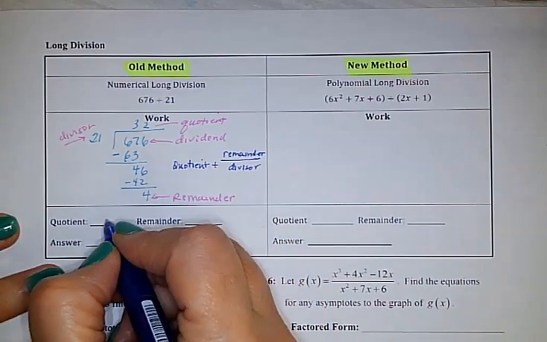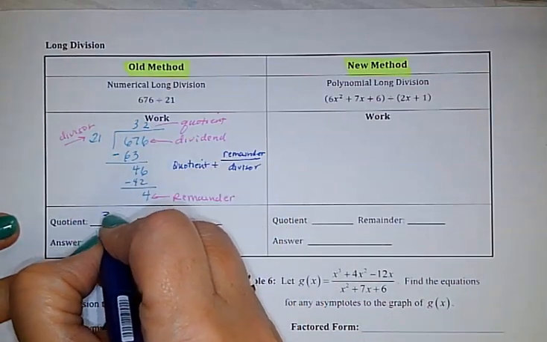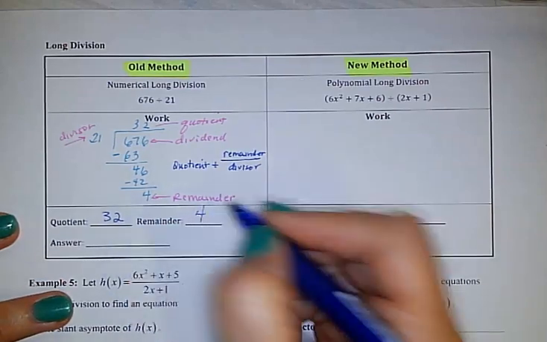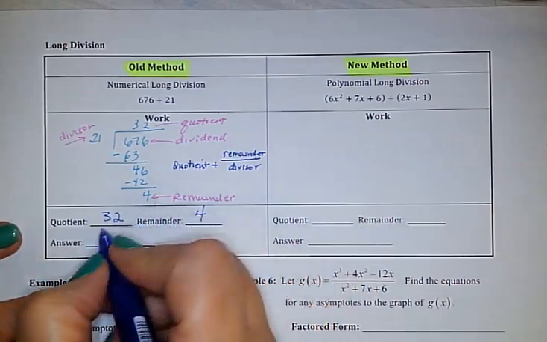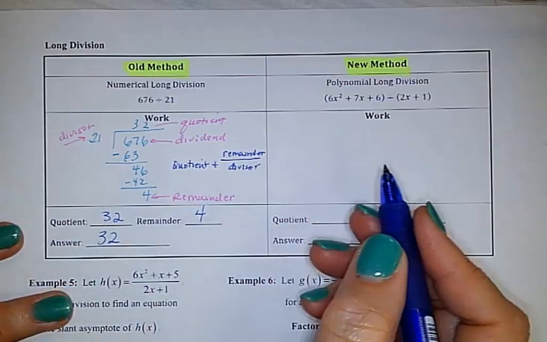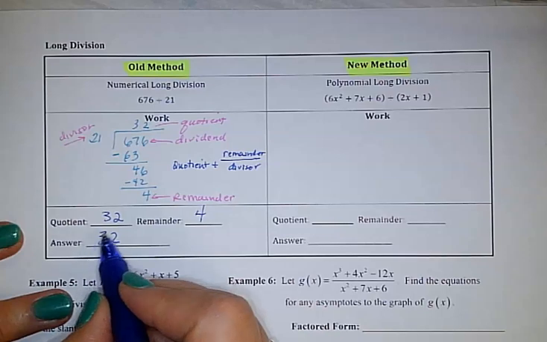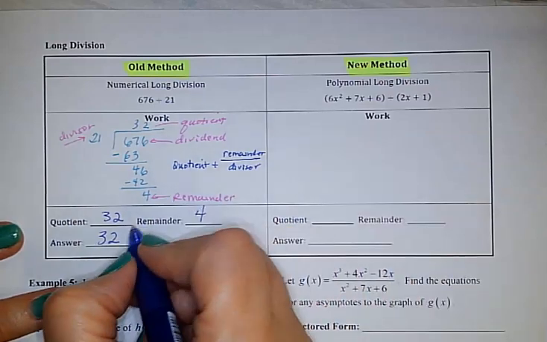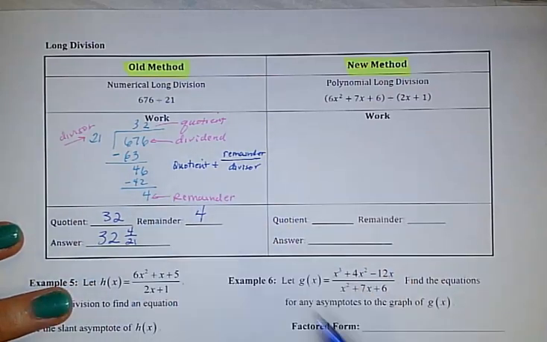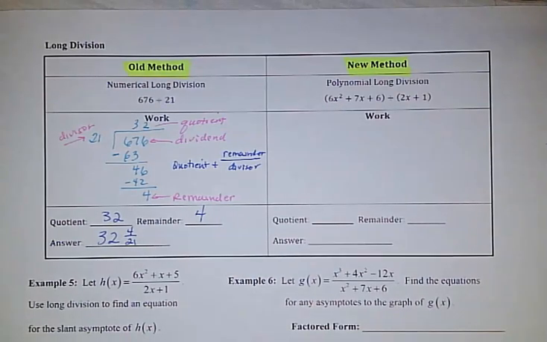So the quotient of my problem here is 32, the remainder is 4, and the answer then would be 32 plus, or just the fractional part, because a mixed number is the whole number part plus the fractional part, and that would be 4 over 21. So that's the basic gist of what you learned in middle school and elementary school.